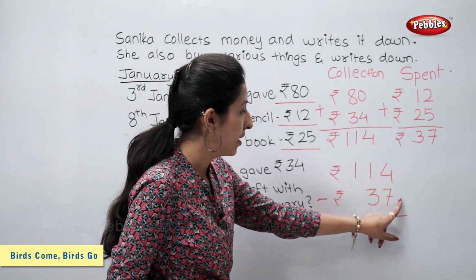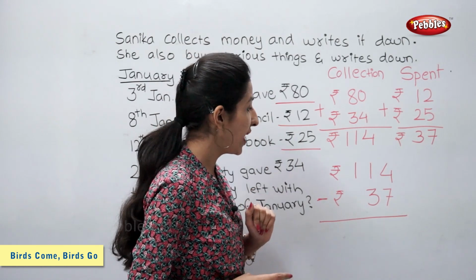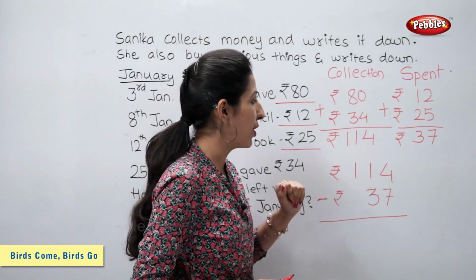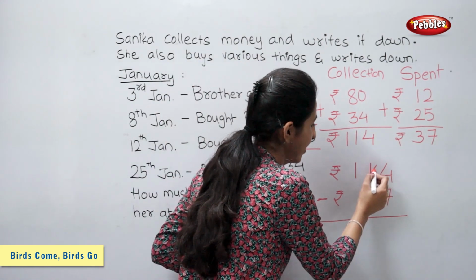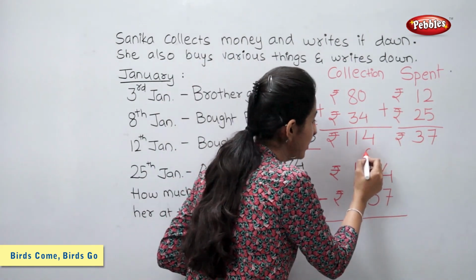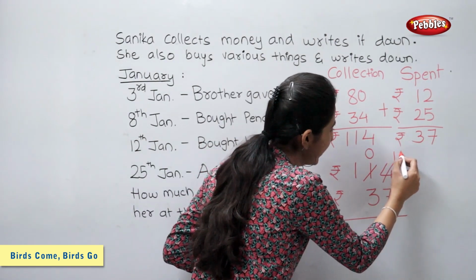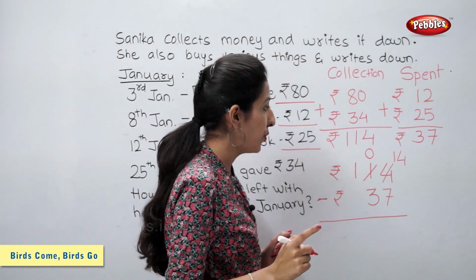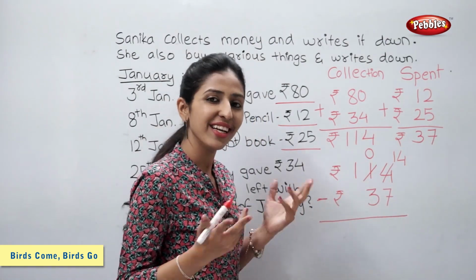Four minus 7. Students, we cannot subtract 7 from 4. So, let us borrow. 1 becomes 0. 4 becomes 14. Now, 14 minus 7 is 7.